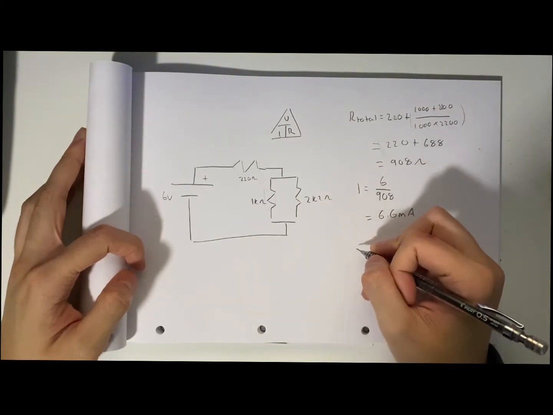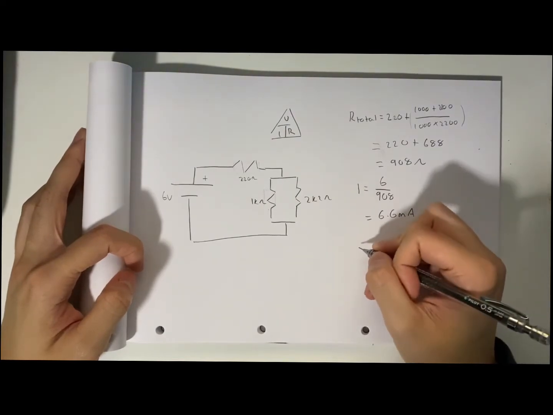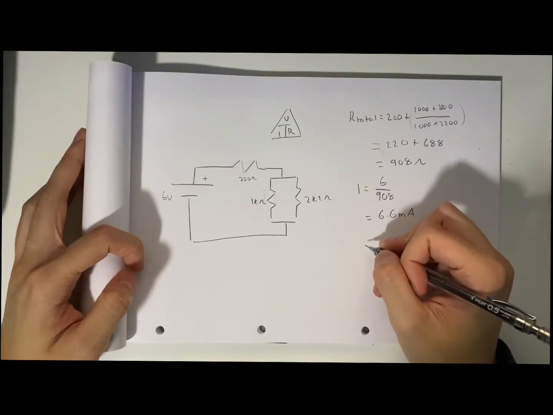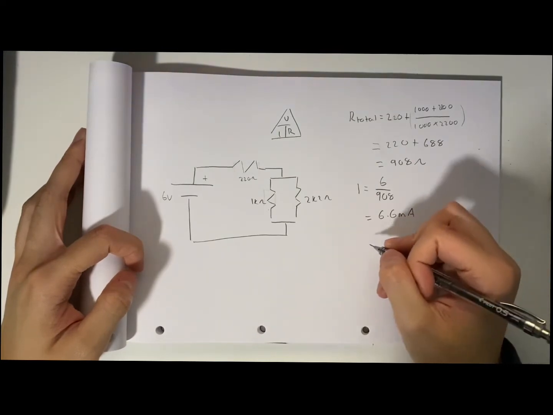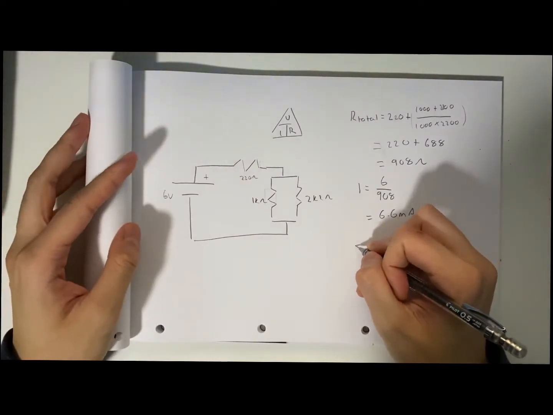So using Ohm's law again, V equals I times R for our series resistor.